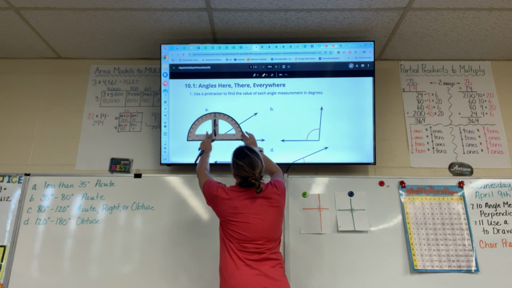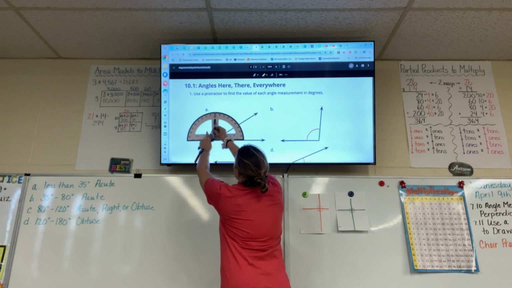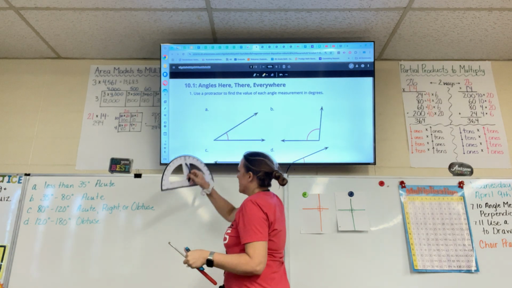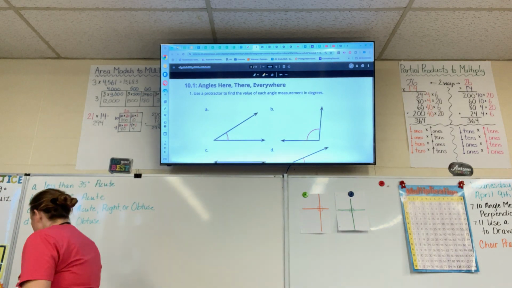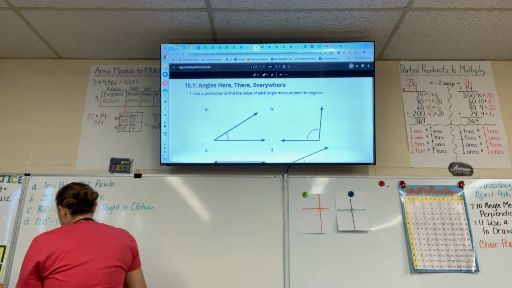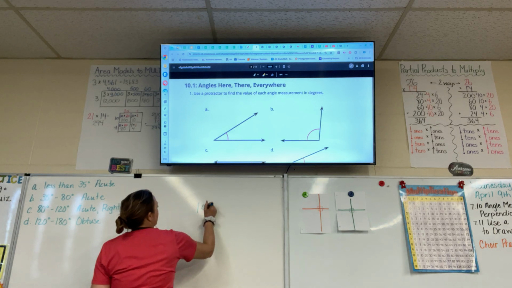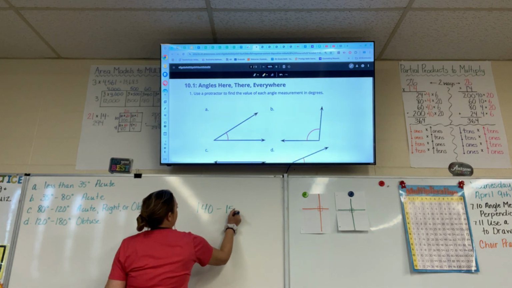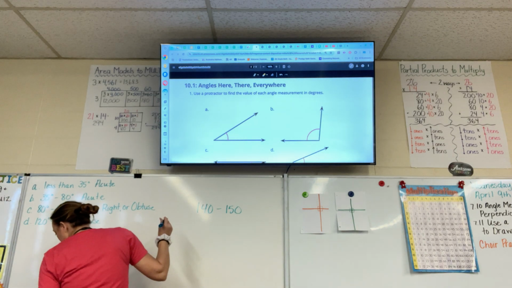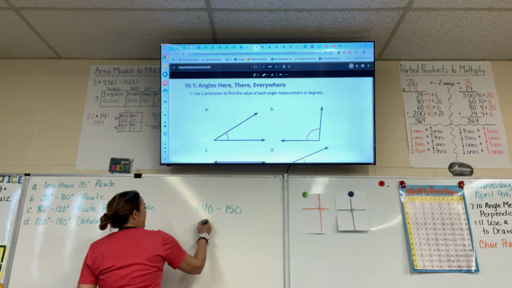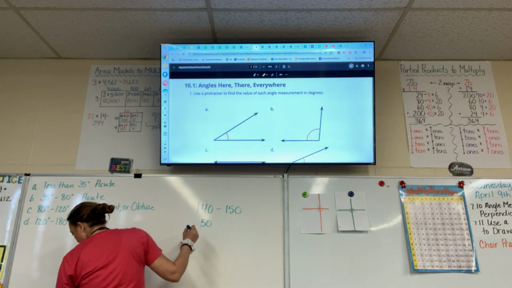Now, when I do that, this is pointing between two sets of numbers actually. It's pointing between 140 and 150, and then underneath that it's pointing at 50, wait, nope.